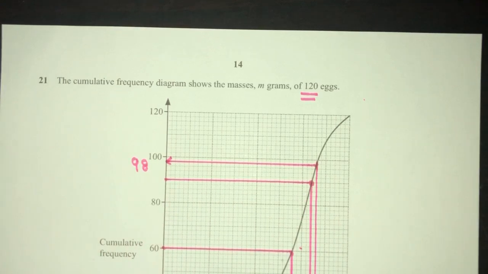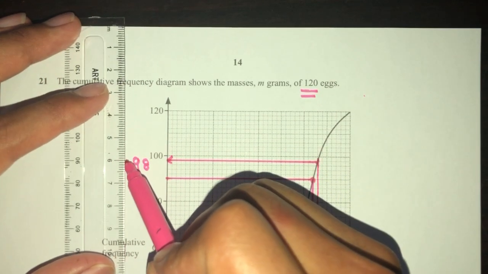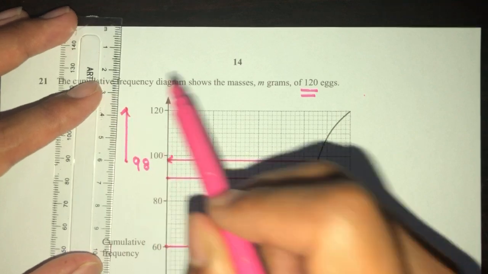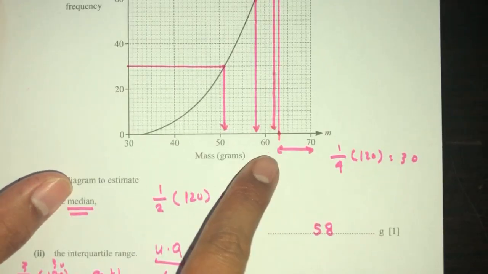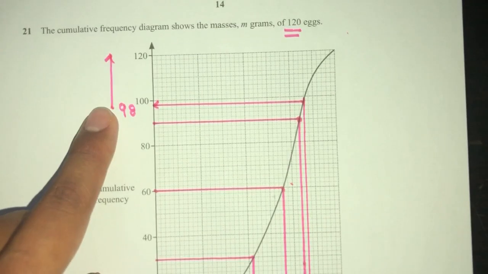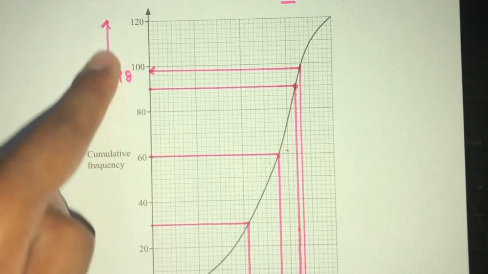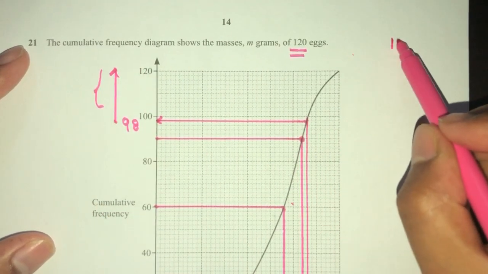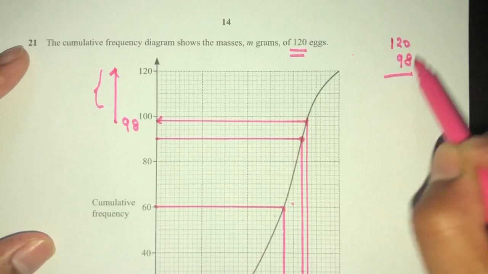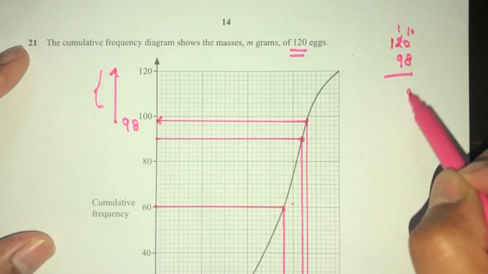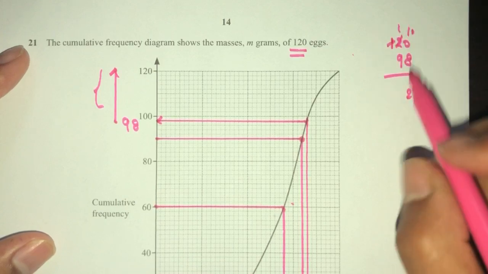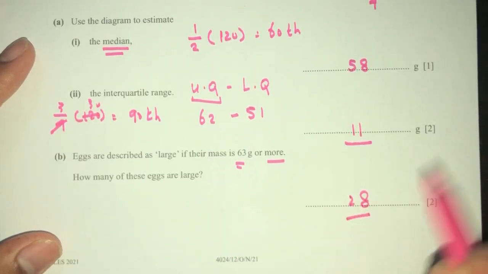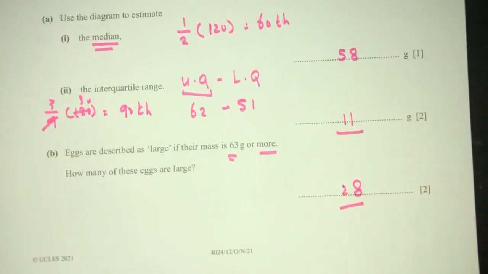So from 98 and up, from this egg up, because as you can see, from 63 and up, it is large eggs. Same way of thinking here, from this point and up, it will be large eggs. So what is this distance? It will be 120 minus 98, that should be 28. According to my graph, we have 28 eggs which are seen as large.